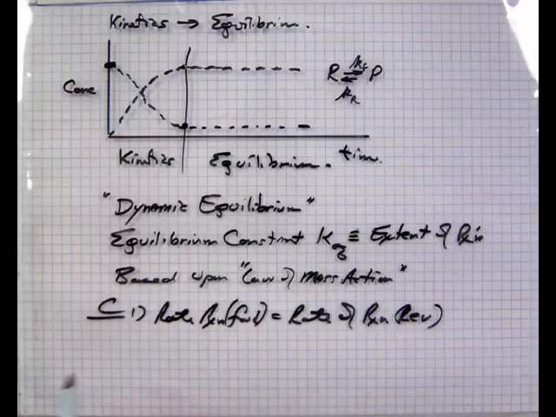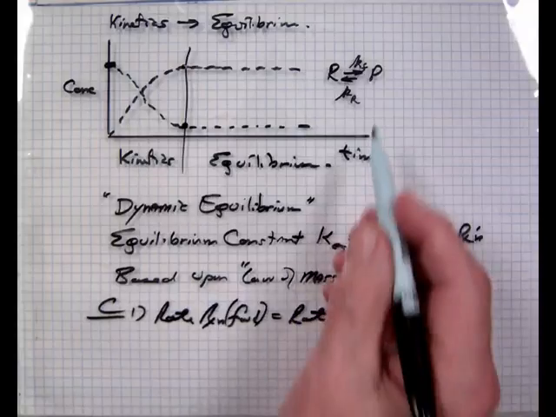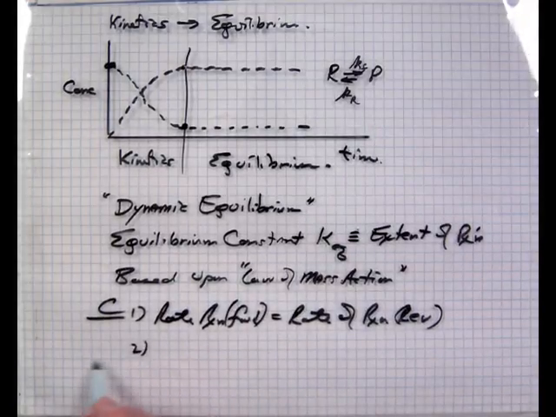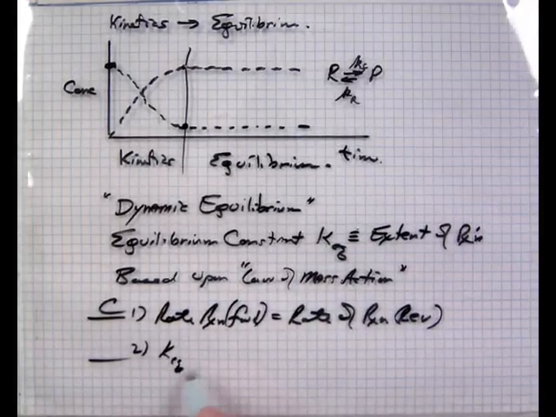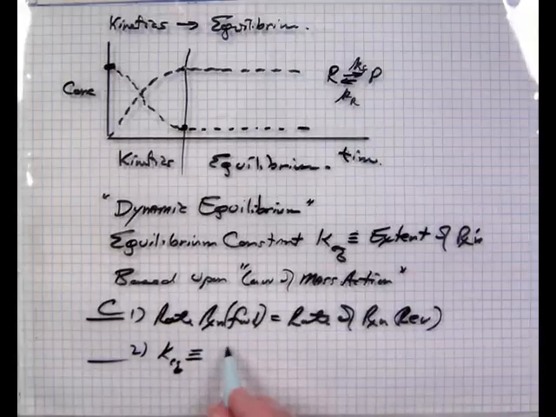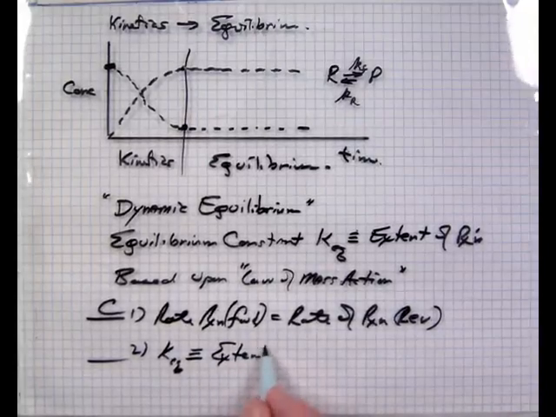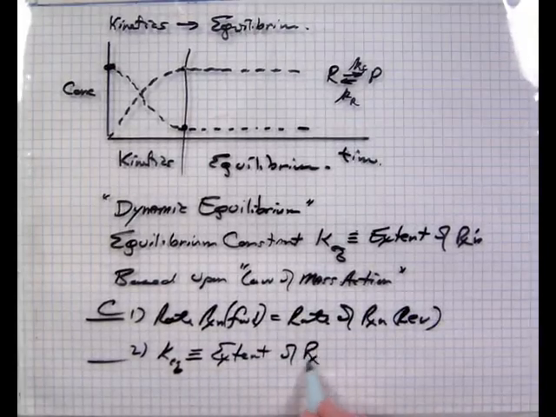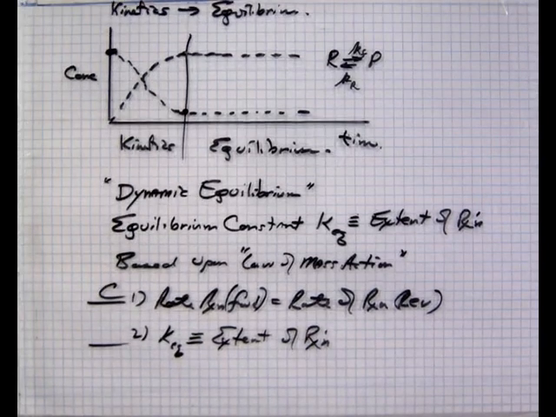The definition of the K value, of course, or what it defines, is extent of reaction. The equilibrium constant, that's number 2, KEQ, by definition, is extent of a reaction.